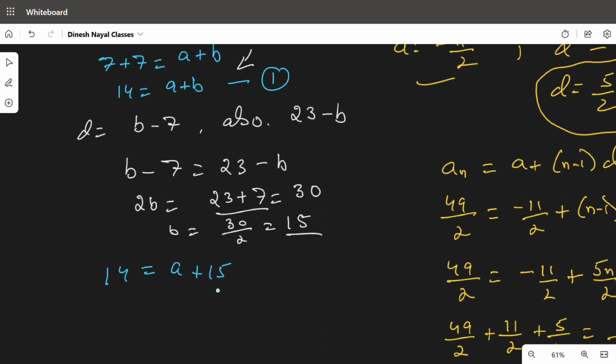I will take 15 to that side, so this will be 14 minus 15 equals A, which is equal to minus 1. So the value of A is minus 1 and the value of B is 15. So that's our answer.